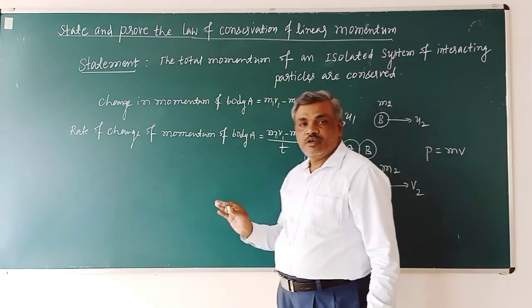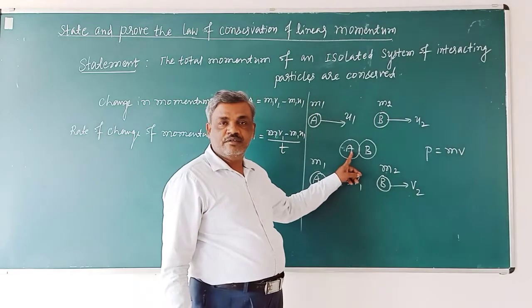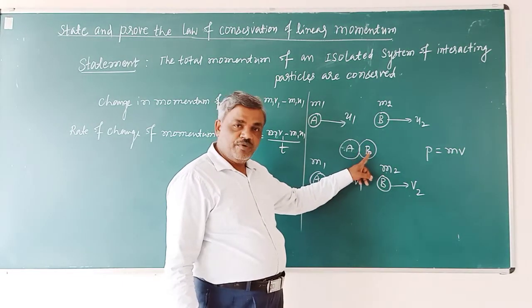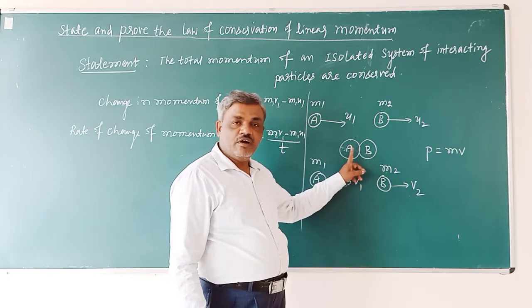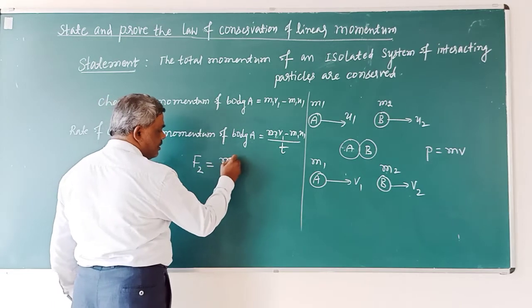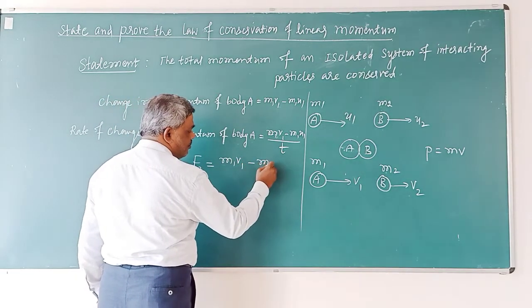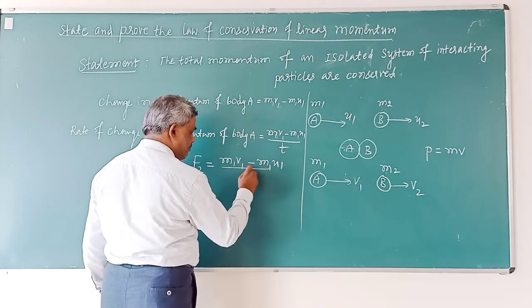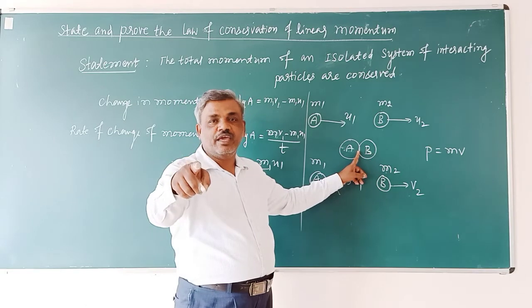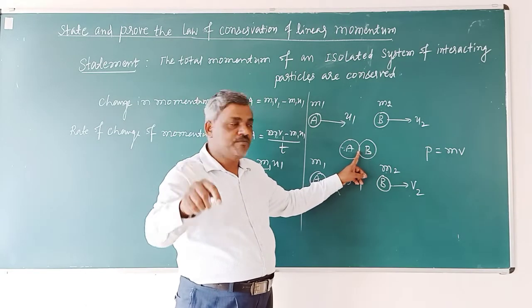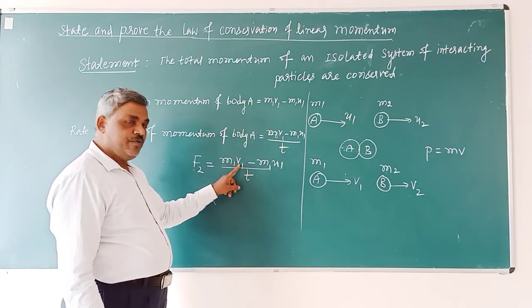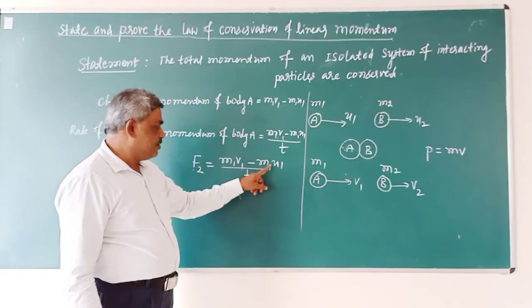After the two bodies interact, the force exerted on body A by body B is denoted F2. So F2 equals m1 v1 minus m1 u1 by t.